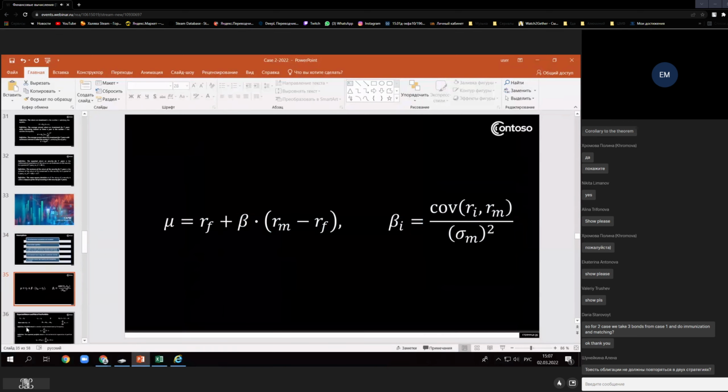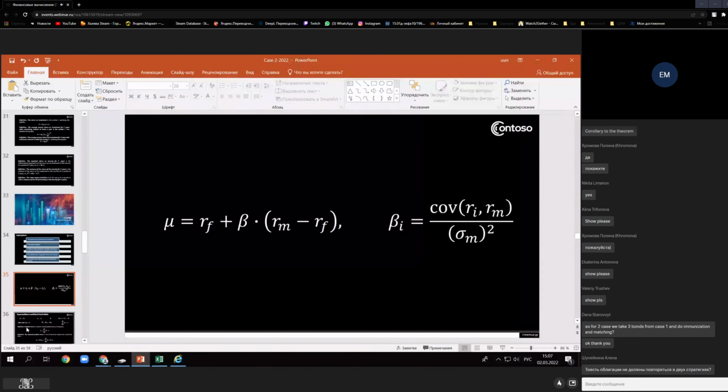The CAPM model is a linear regression equation which demonstrates the link between the market returns and the market risk, and it looks as follows. Here mu is the expected return, RF is the risk-free rate, in our case it will be the key rate.